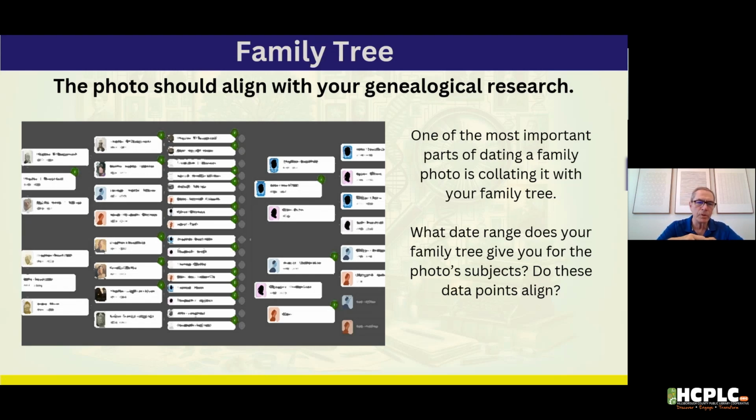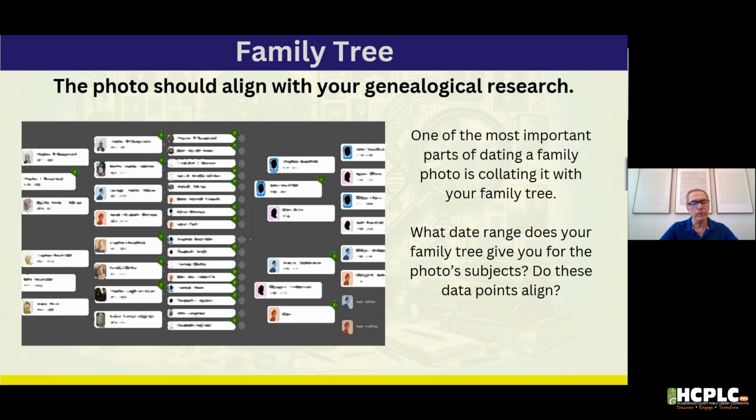So it's very important to look at not just the context of your photograph, but in the context of your research. What range does it give? What special events were happening at that time? And we'll see during the case study that we can look at special events of weddings, births, marriages, anniversaries. We can then use that information to help us date the photograph.